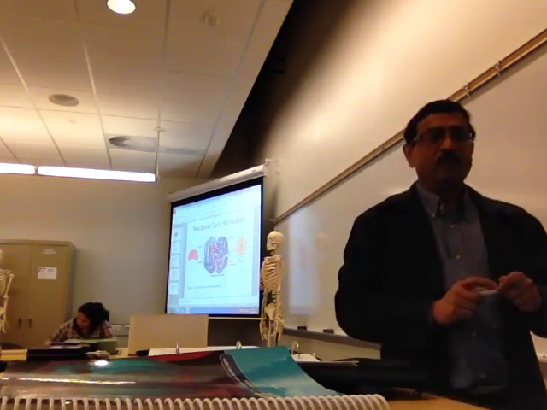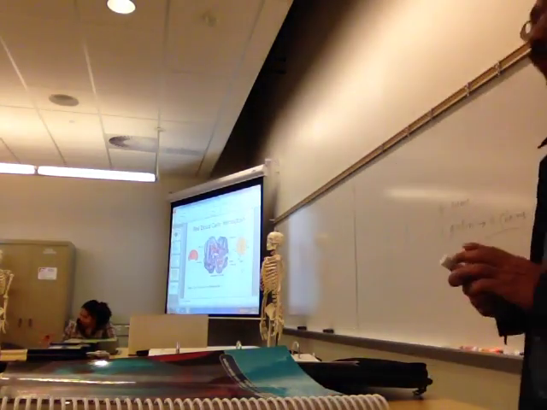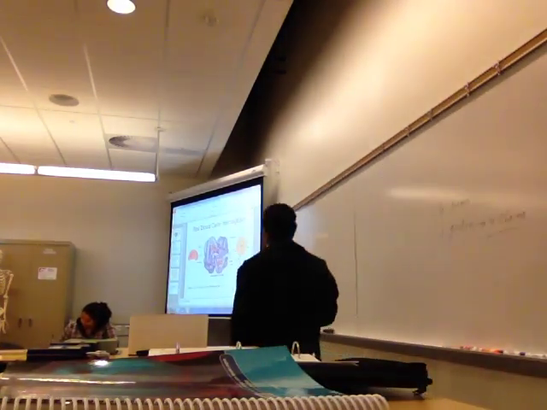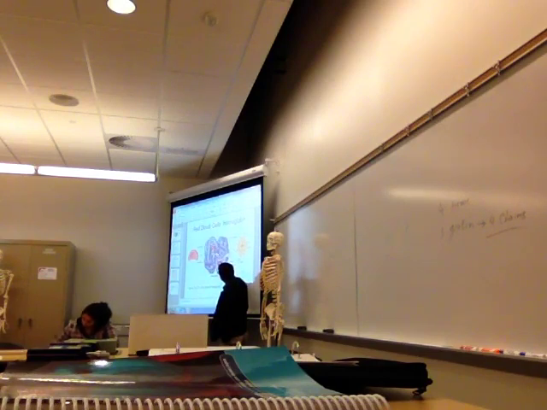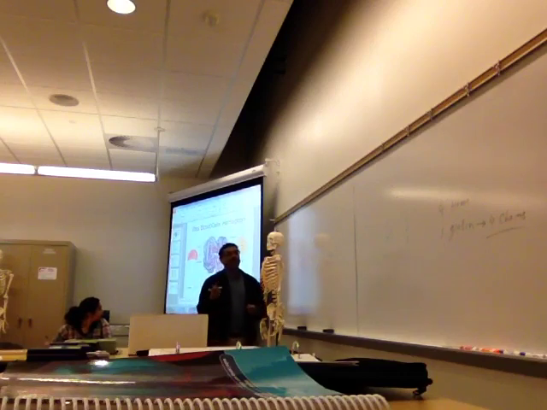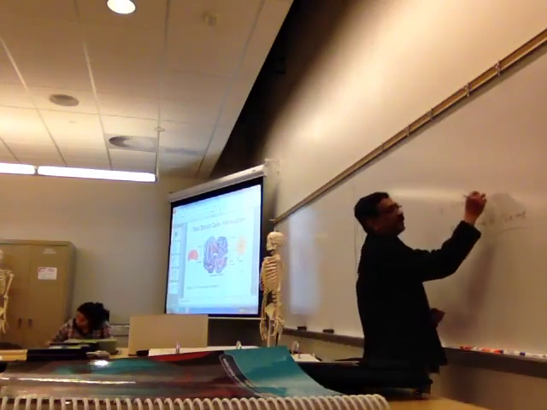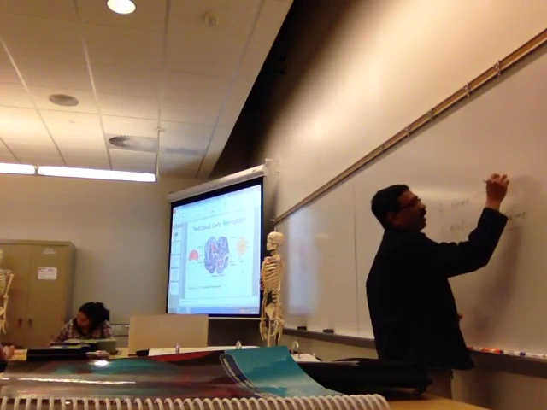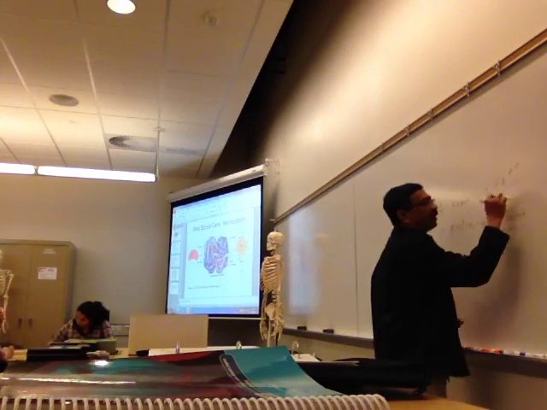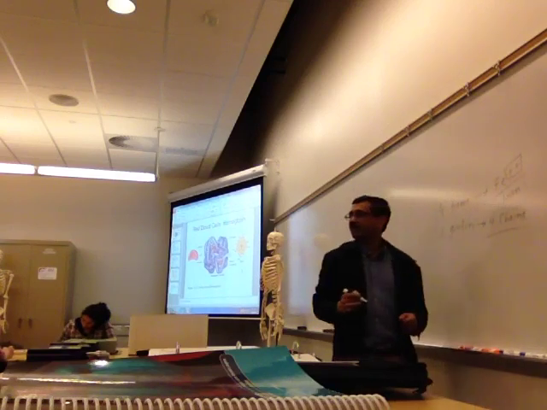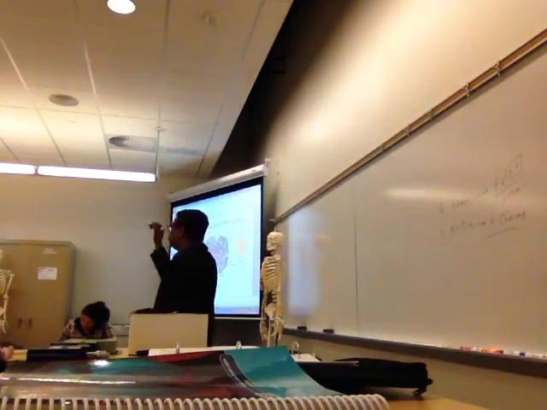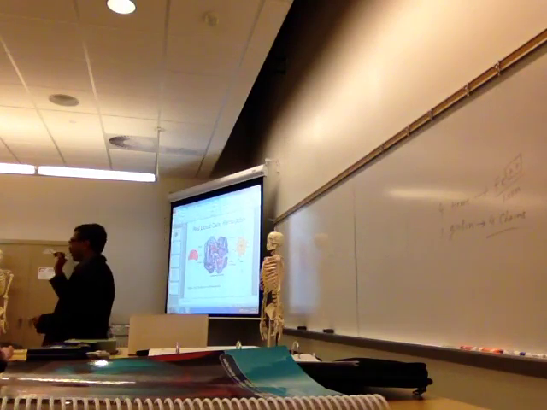2 alpha, 2 beta. And the main component of the heme is the iron. You see inside the heme, this is the iron, Fe. Heme contains iron in the center, and that iron should be present in ferrous form, Fe2+, that means ferrous.